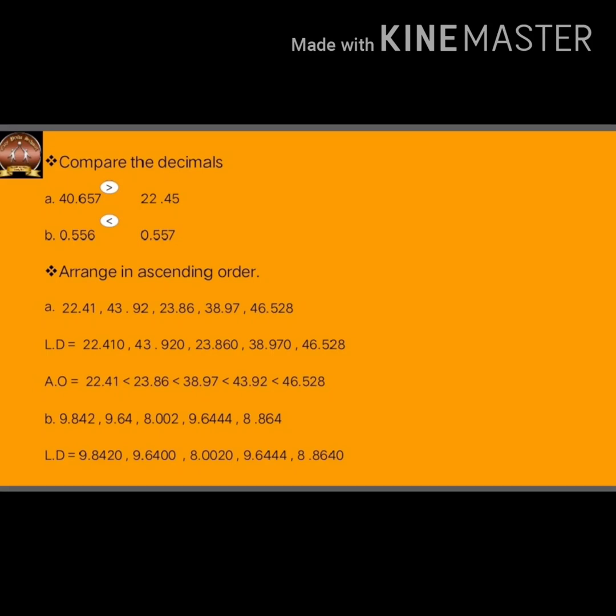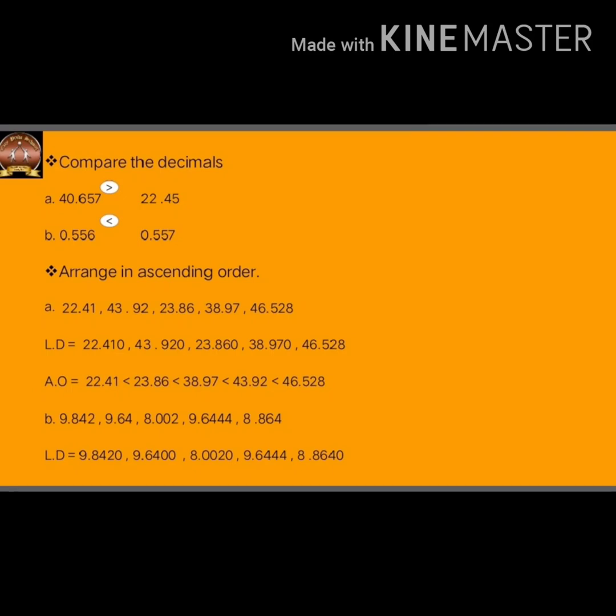0.556 and 0.557. Now since both the decimal numbers do not have a whole number, I compare the 10th place. Here the 10th place is 5. I move forward to the 100th place. Here the 100th place is also equal and they are 5.